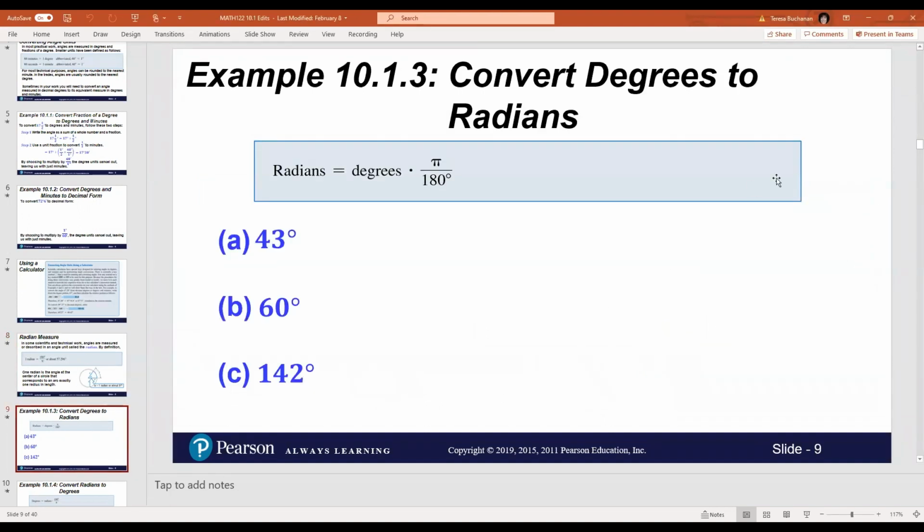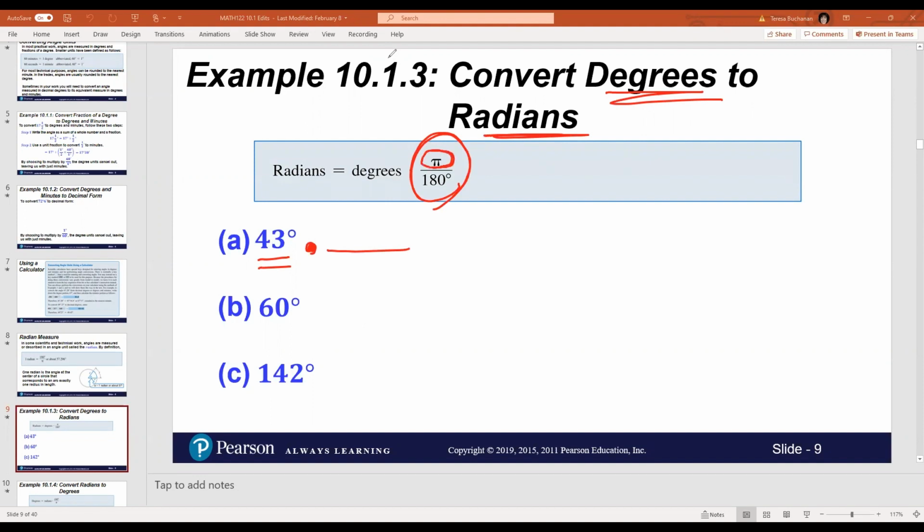So suppose, as I said, we use this relationship to convert back and forth between degrees and radians. And you will find that you have to do that a good bit. So suppose I start with degrees. I'm looking at 43 degrees, and I need to get out of degrees into radians. So what am I going to do? I'm multiplying by whatever version of this would get me out of degrees and into radians.